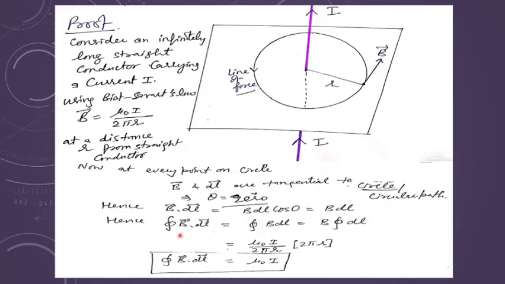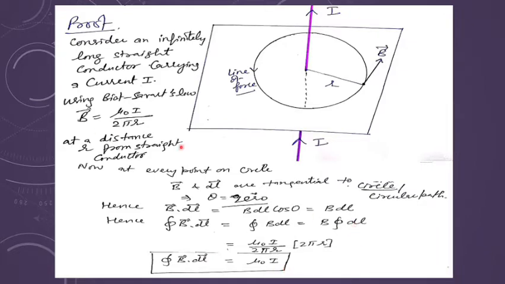The integral of B dl equals B times the integral of dl, and the integral of dl is the circumference of the circle, 2 pi r. So you get the result: the integral of B dot dl equals mu naught I. This is the proof of Ampere's circuital law.